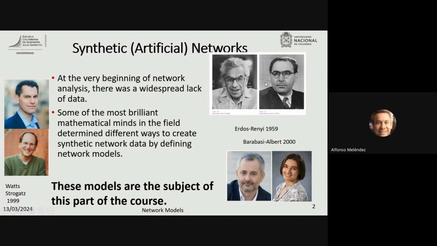Later on, here at the left, Duncan Watts and Steven Strogatz, young people. In 1999, in an important article, they proposed a new model in contrast to the random model.